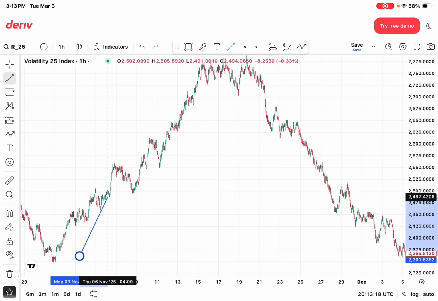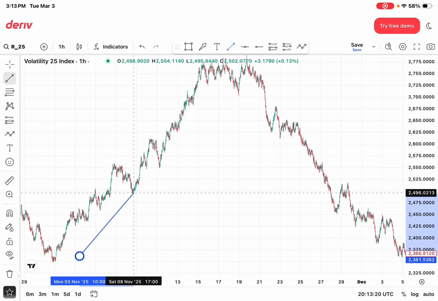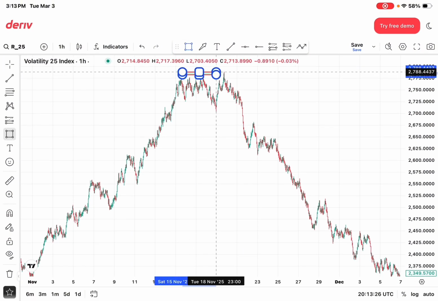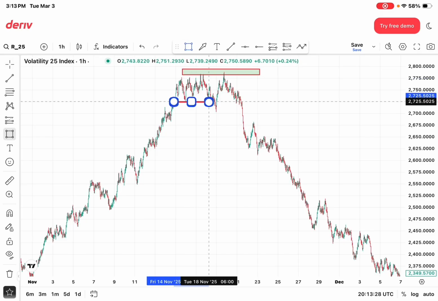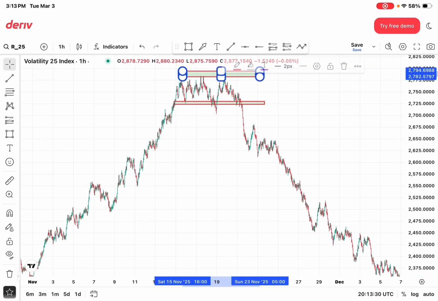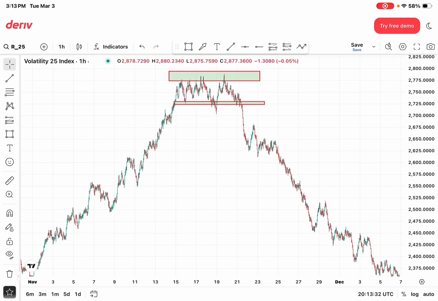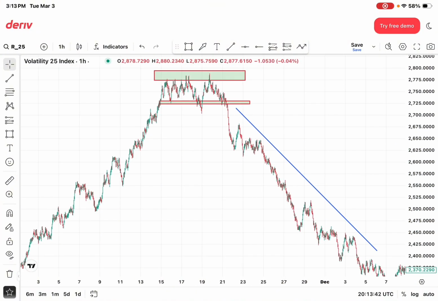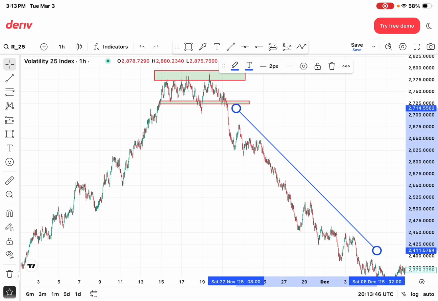You see, it's creating higher highs, higher lows. Then guess what, guys? We have a level of consolidation where price is just confused, and then a downtrend where price is pushing down, creating lower lows and lower highs. So this is a perfect example.